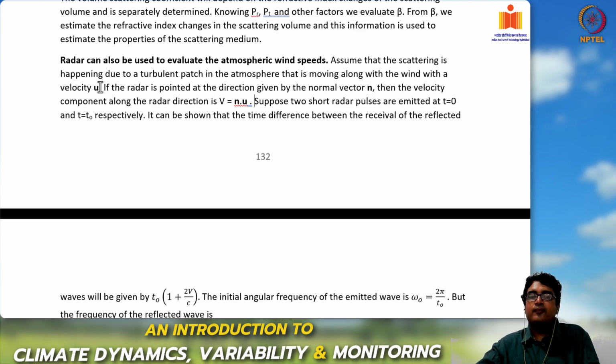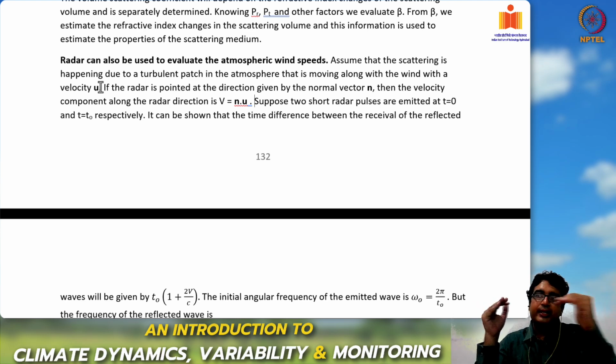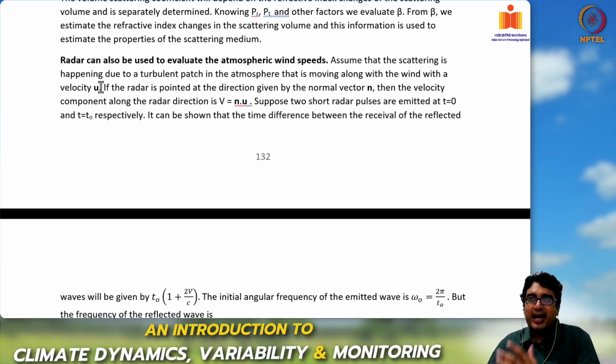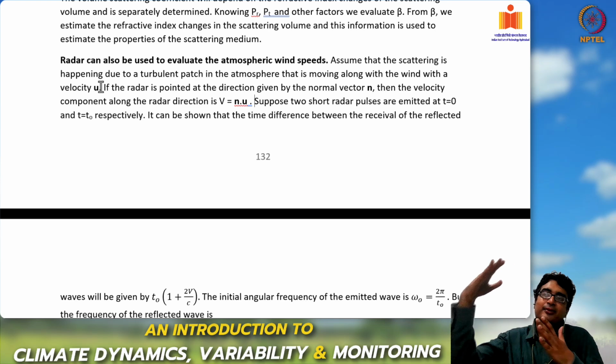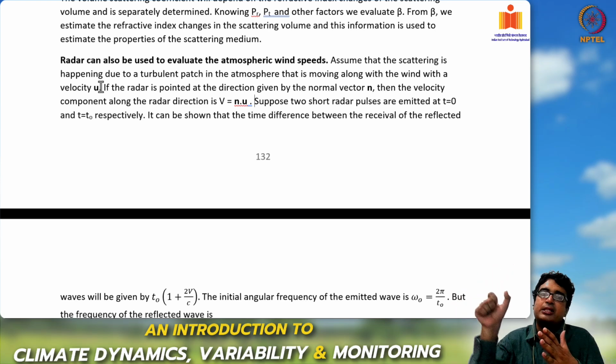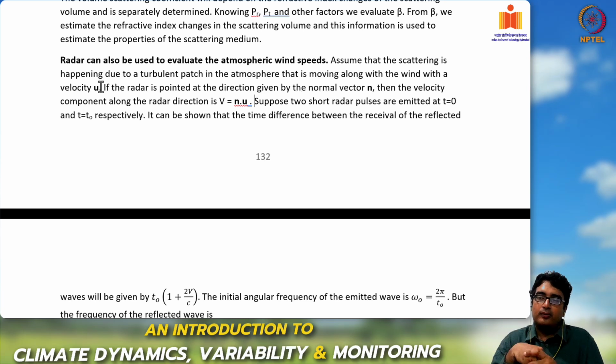So u is the velocity of the wind which is moving this turbulent patch, which is reflecting our radiation. And the radar is directed at a normal vector n. So the velocity component that the radar will see is along this normal vector n, so it is n dot the velocity vector u.